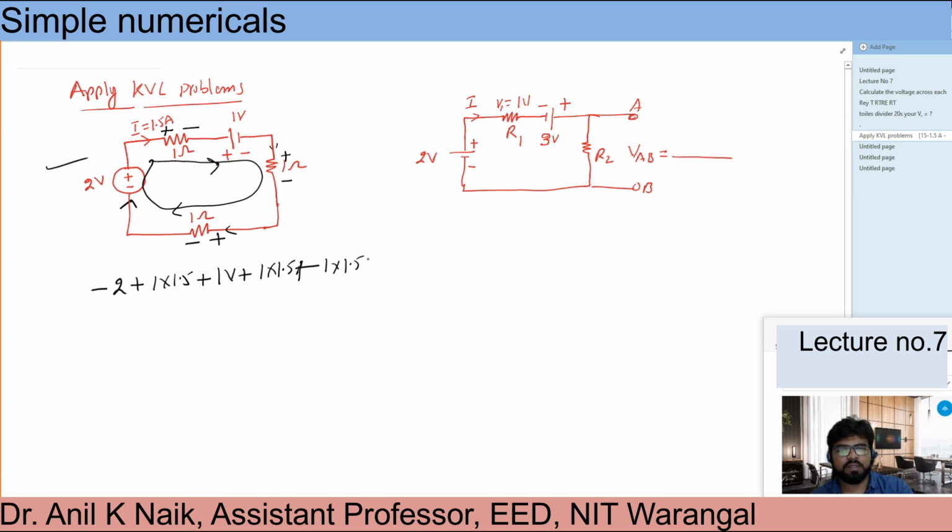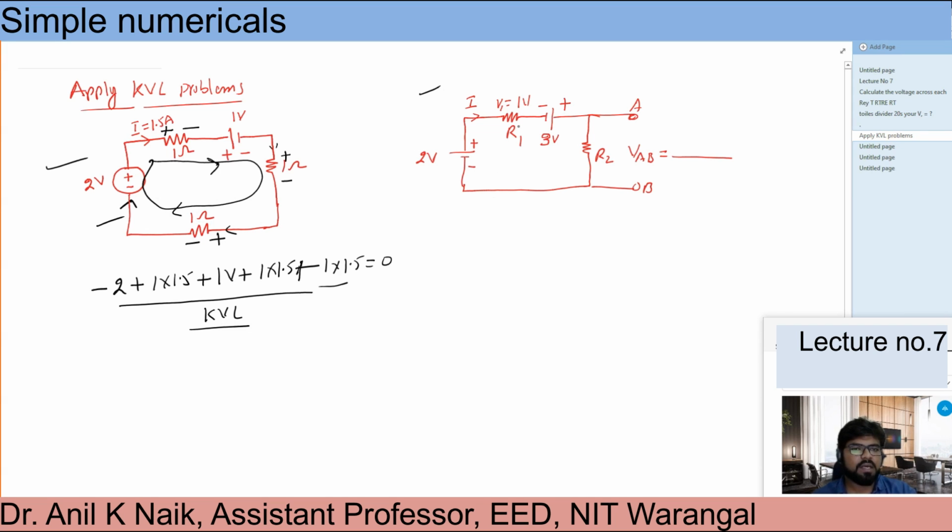This is what we need to write as the KVL. So go through it carefully and do more numericals on KVL. You need to understand how to assign the polarities here. Now come to the next question.